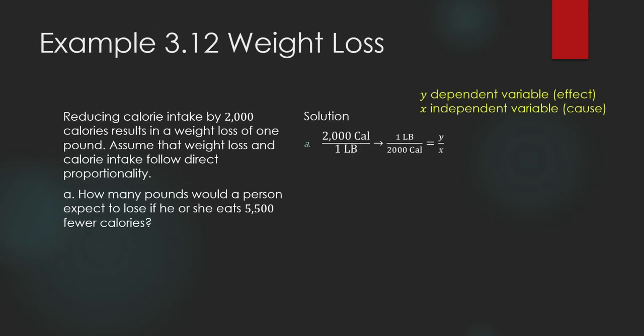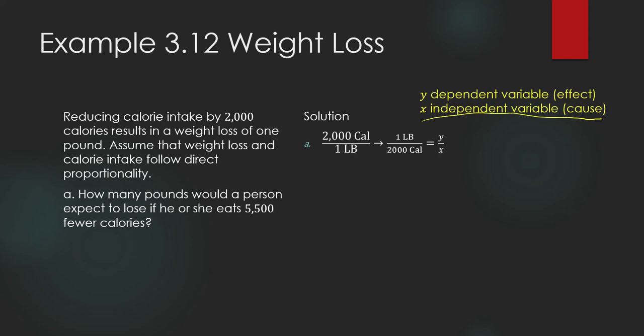So first, let us write the rate, okay? So I have the feeling that most students will be confused about how to write the rate because you have two variables here: the amount of calories that is taken away from the food and the corresponding weight loss. So in cases like this, think about what you learned from algebra.